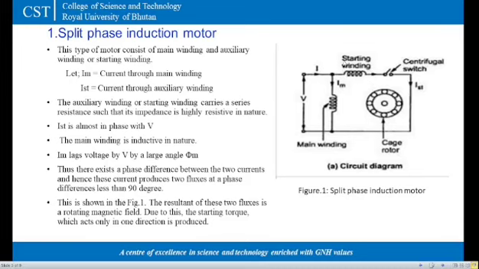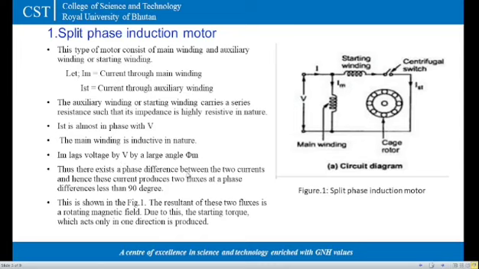The auxiliary or starting winding carries a series resistance such that its impedance is highly resistive in nature. Therefore, the current IST through the starting winding and the voltage are in phase, whereas the main winding is inductive in nature. Therefore, the current IM lags the voltage by an angle.